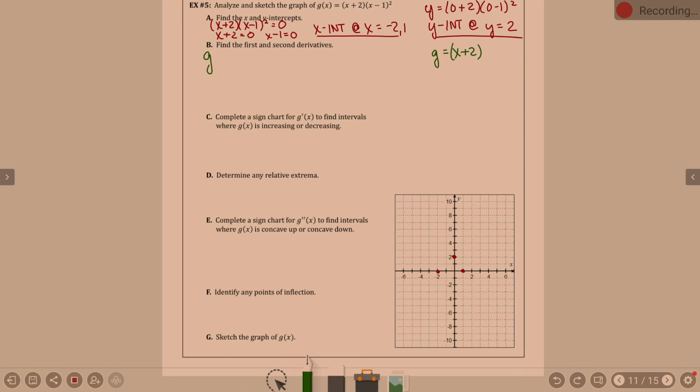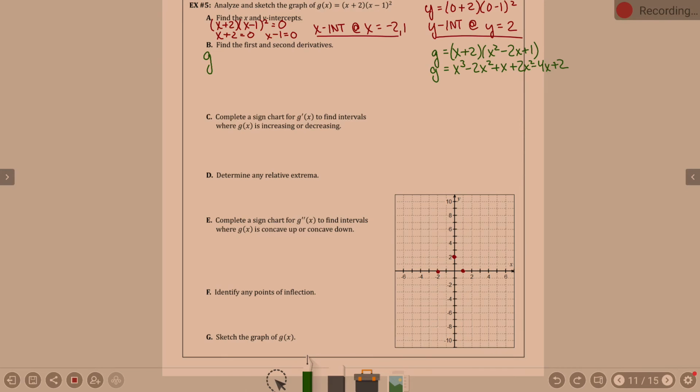We'll get there. Okay. So x plus 2, when I square x minus 1, FOIL it, is x squared minus 2x plus 1. Then when I multiply, x cubed minus 2x squared plus x plus 2x squared minus 4x plus 2.